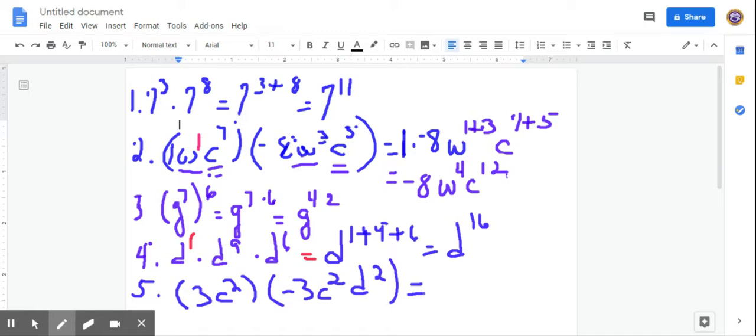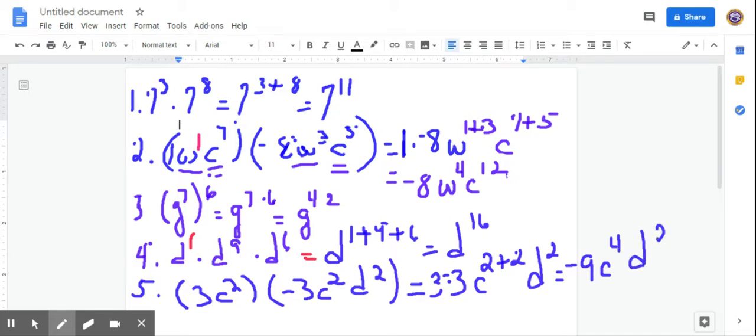All right, so multiply the coefficients, 3 times negative 3. Keep the base, which is C. Add the exponents on the C's. And then you have D squared. That's going to give you negative 9 C to the 4th power D squared.